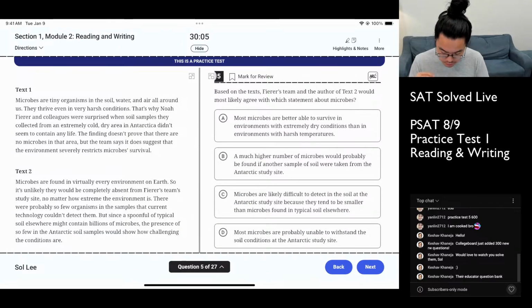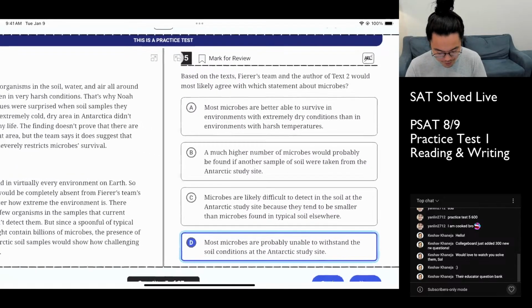The author of text 2 and Fierre would agree that it's hard to live in the Antarctic. Most, I don't like this word most. I feel like on the LSAT that would be a problem, but I'm gravitating towards D because I think it's the right answer, but now I have to double check A, B, and C. Even though I think D might technically be logically not correct.